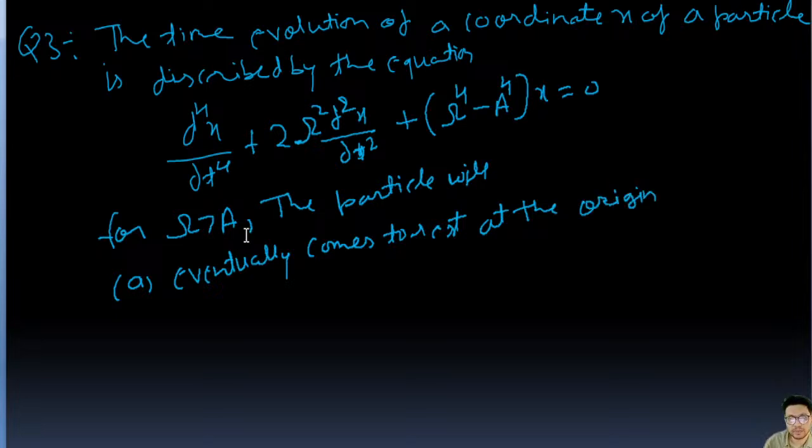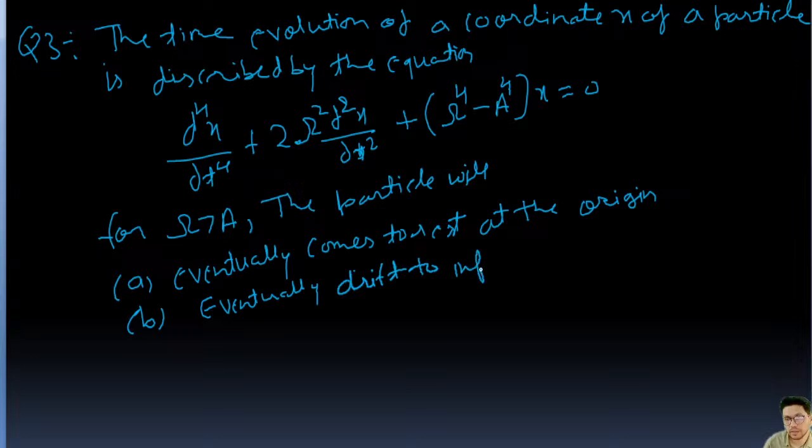B, eventually drift to infinity, that is mod x tends to infinity.